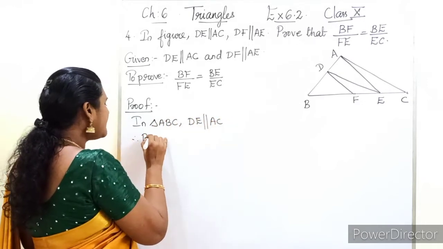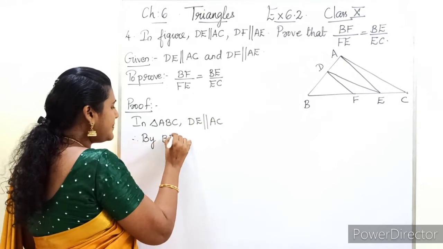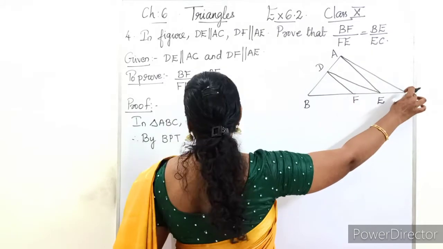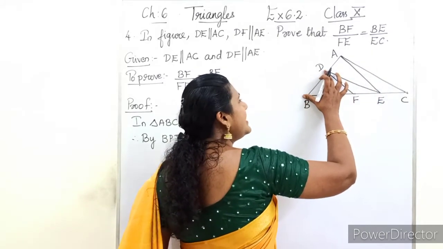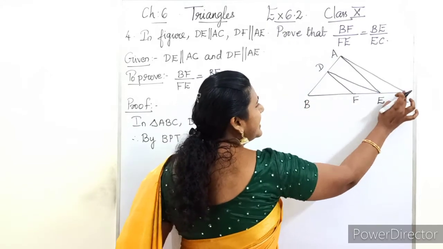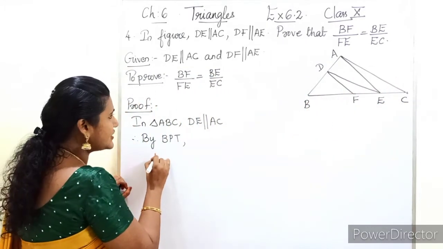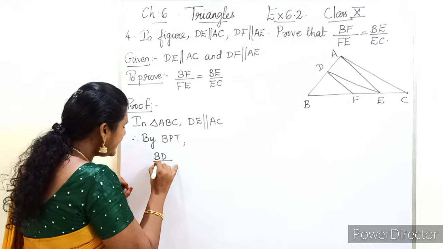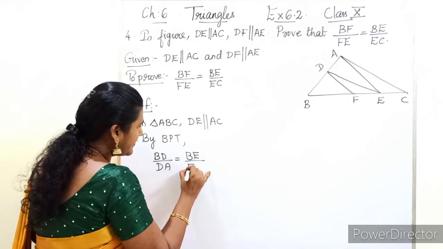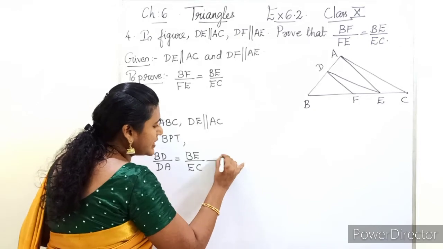Therefore, by basic proportionality theorem, by BPT, what we can say? DE is parallel to AC. So we can write BD by DA is equal to BE by EC. So we will get the condition BD by DA is equal to BE by EC. So this is the first equation.